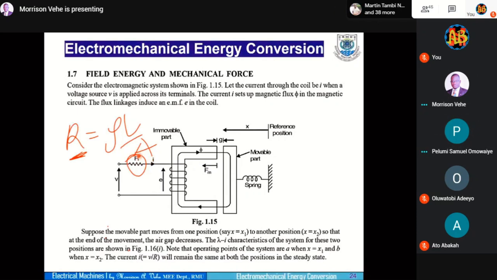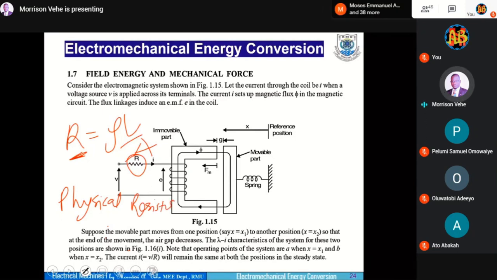And this can be a physical resistor, or it can be resistance as a result of the conductor. Those were the things I was explaining.